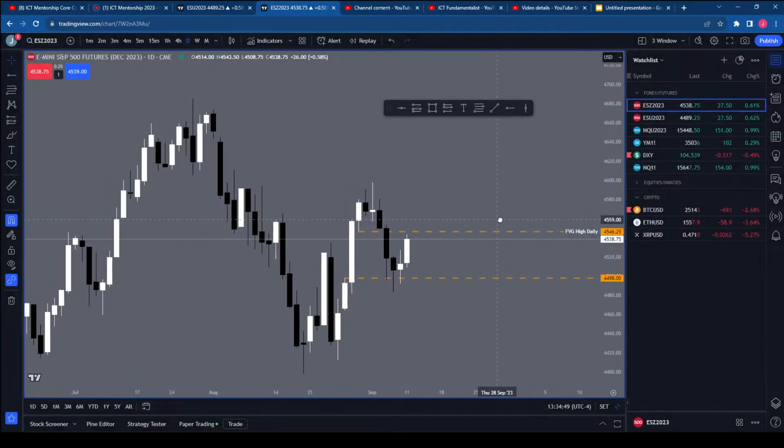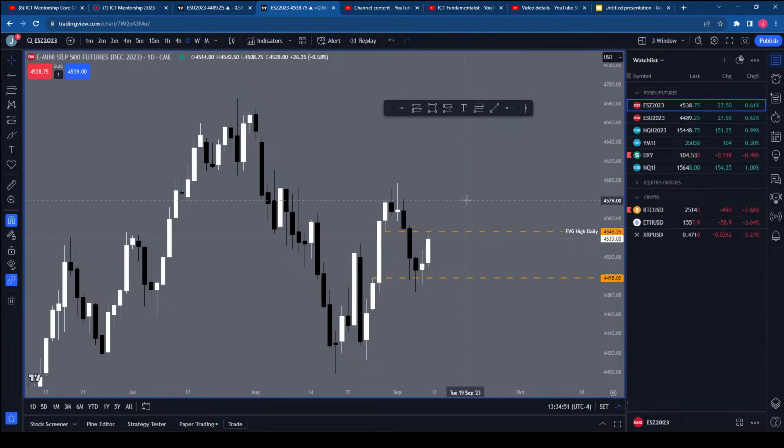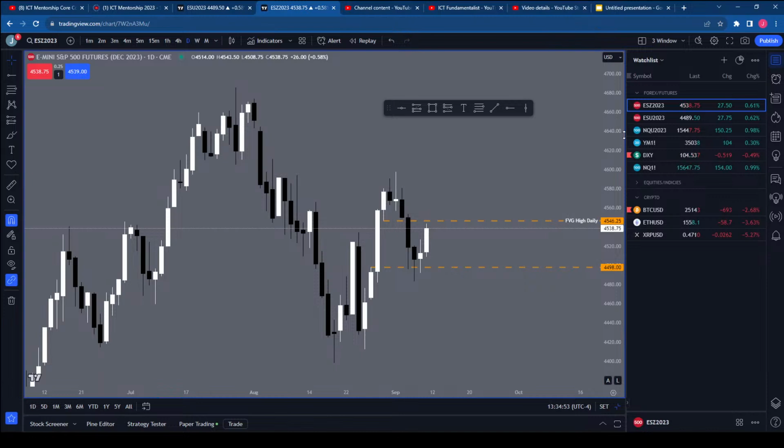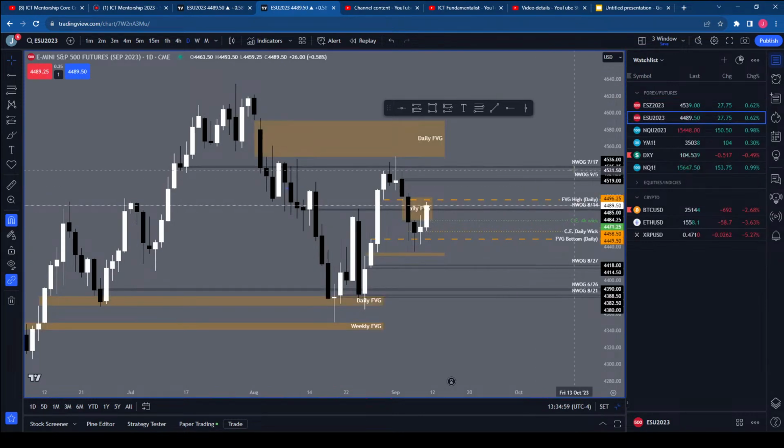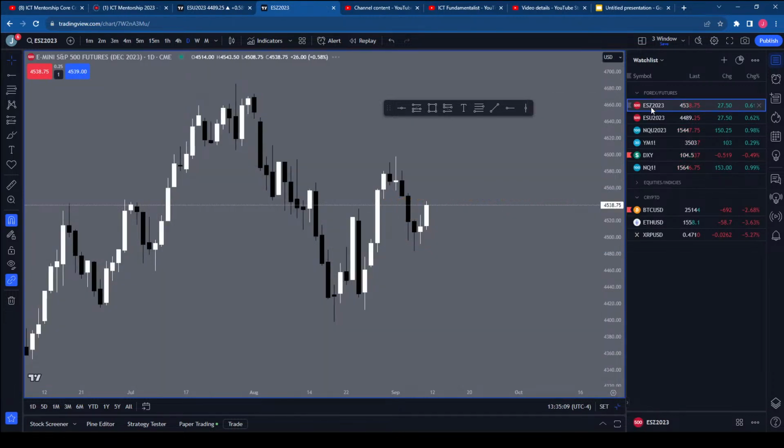The hard part about redressing your chart is adding all the previous new week opening gaps. As you can see here, I have them all here, and it's kind of hard because I want to go to that exact day and do that.